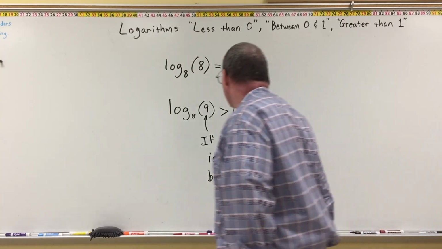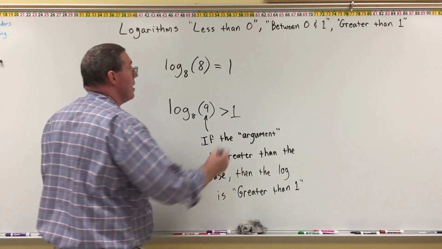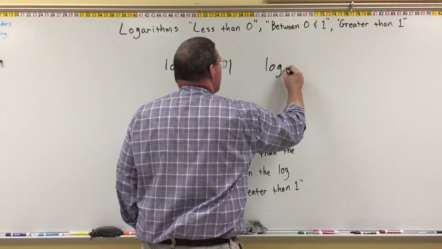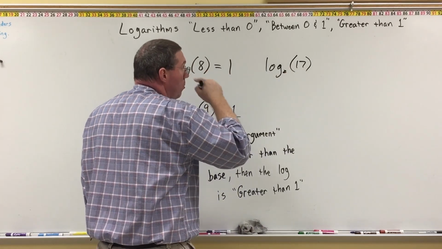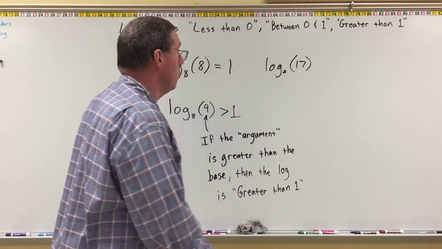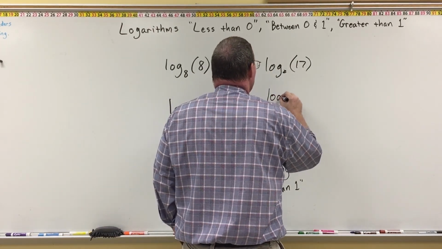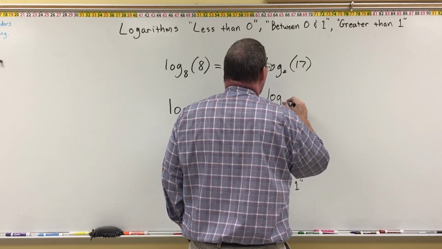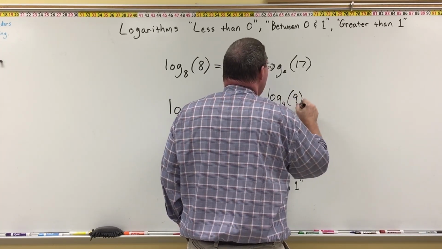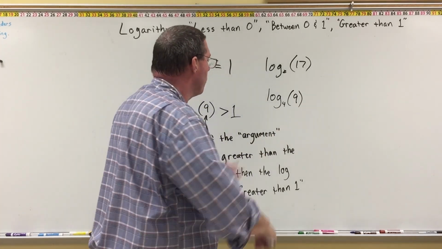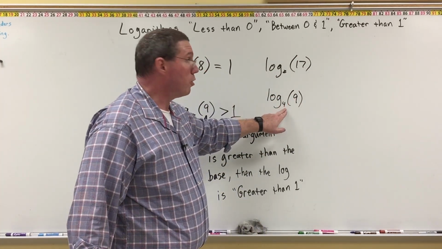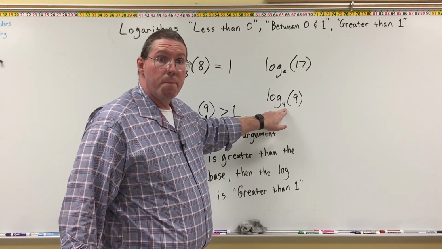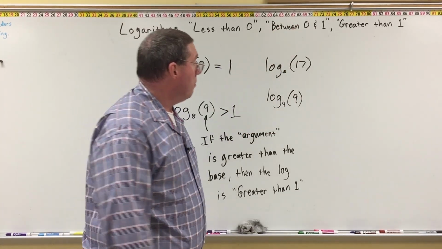A few examples: let's say that we have log base 2 of 17. 17 is larger than 2, so we would select greater than 1. If we had log base 4 of 9, 9 is greater than 4, therefore this logarithm is greater than 1. So if the number in the parentheses is larger than the base, then it's going to be greater than 1.